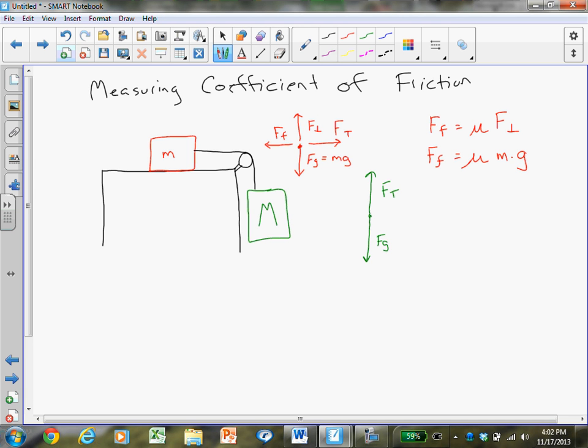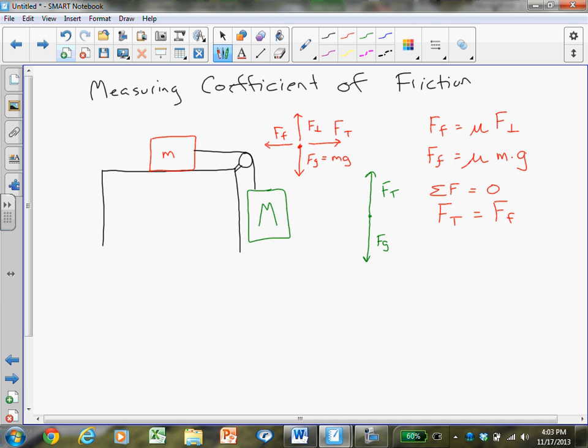Now, just as they start to move, we also know from the sum of the forces equal to 0 that the tension force in the string will equal the friction force. Okay?